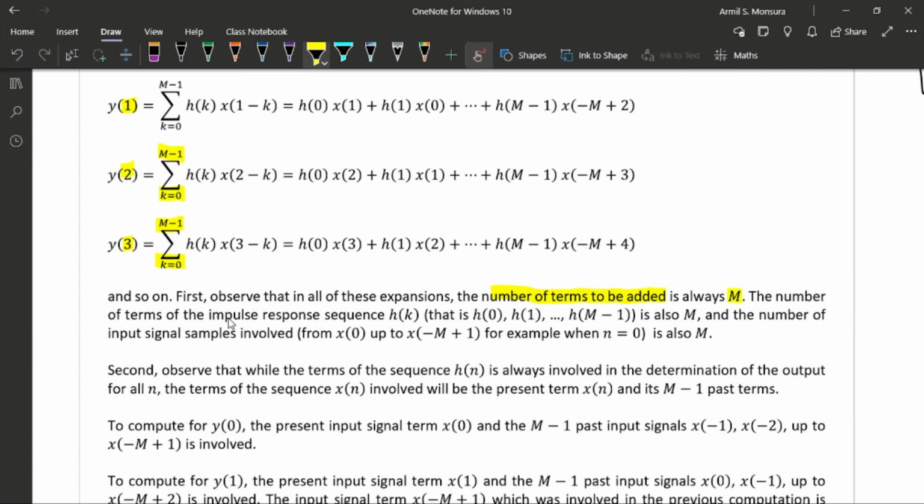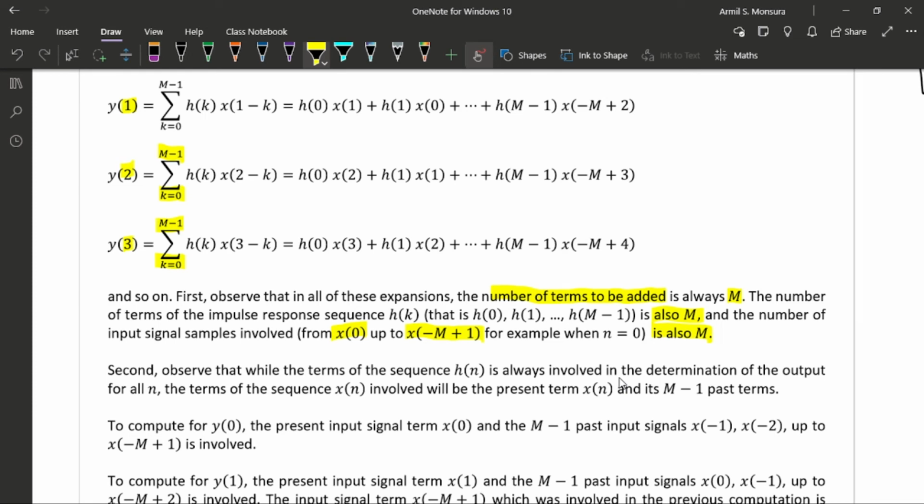The number of the terms of the impulse response sequence is also m. And the number of input signal samples involved, from x0, for example, up to x of negative m plus 1, is also m.